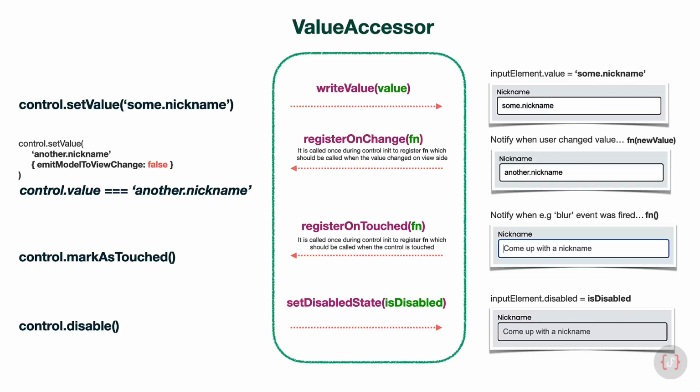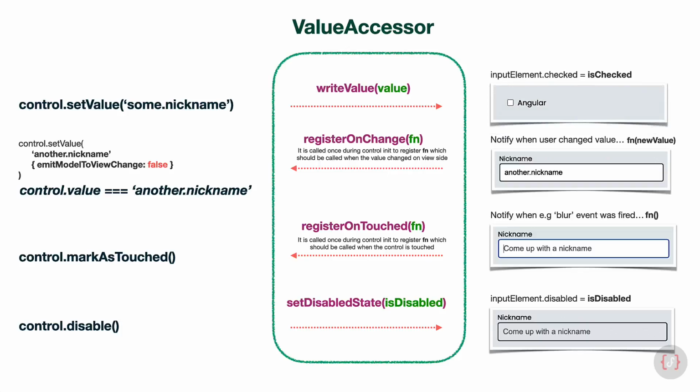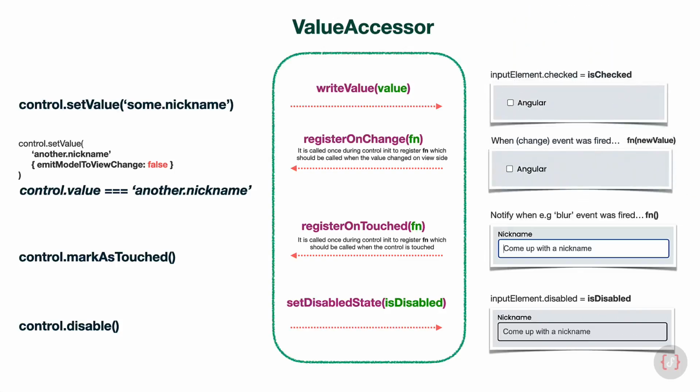For instance, if instead of the input we would have some checkbox here, we would need to update not the value property, but the checked one and trigger view to model synchronization not on the input event, but on the change one. If we did all this stuff directly in the directive, we would get a huge if-else tree for each control type implementation, which definitely violates the single responsibility design principle.